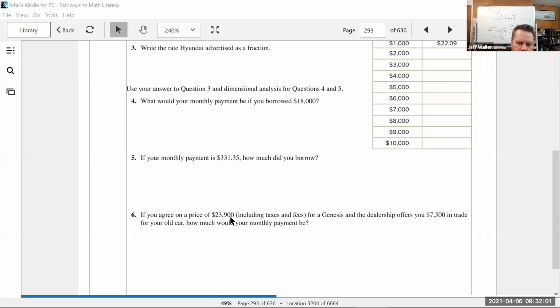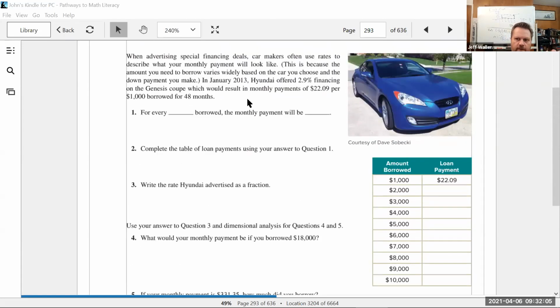So if you agree on a price of 23,000, the one thing I want you to realize is that this problem is all about how much money you borrow, and the amount you're going to pay per month will change, right? If you borrow more money, you have to pay back more money. So what this table does is, if for every $1,000 I've got to pay 2209, you can just fill in the rest of this table.